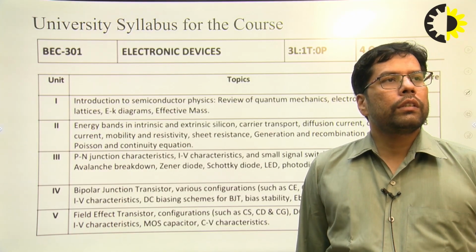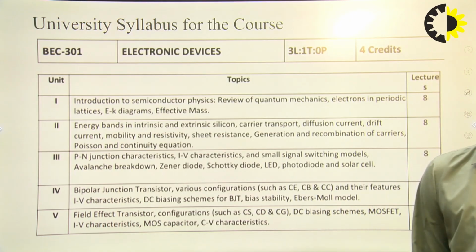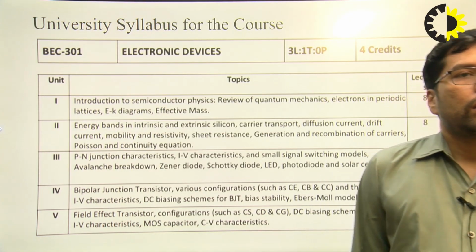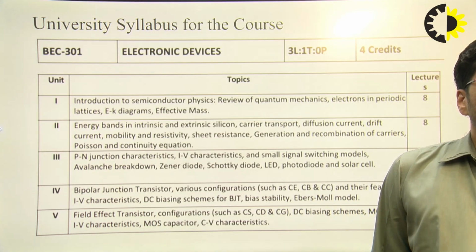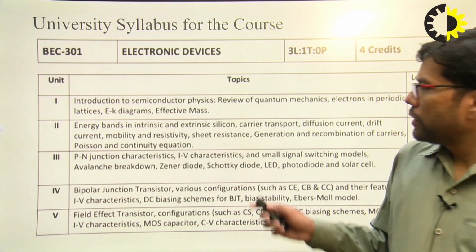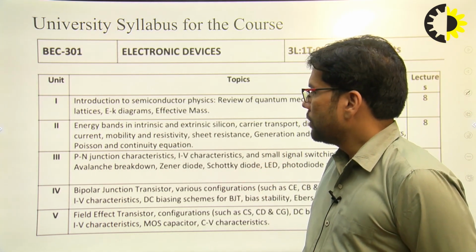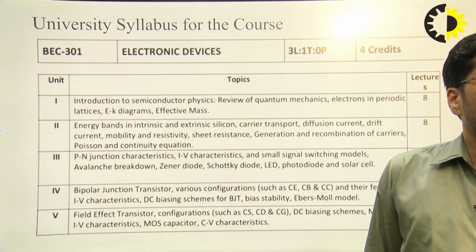This is showing the university syllabus of the course, that is electronic devices, and the subject code is BEC 301, and this course is categorized in 5 units: the first, second, third, fourth, and fifth.